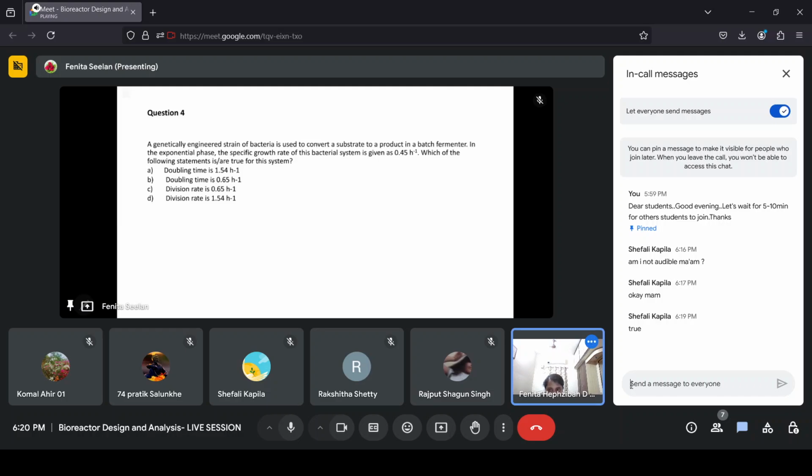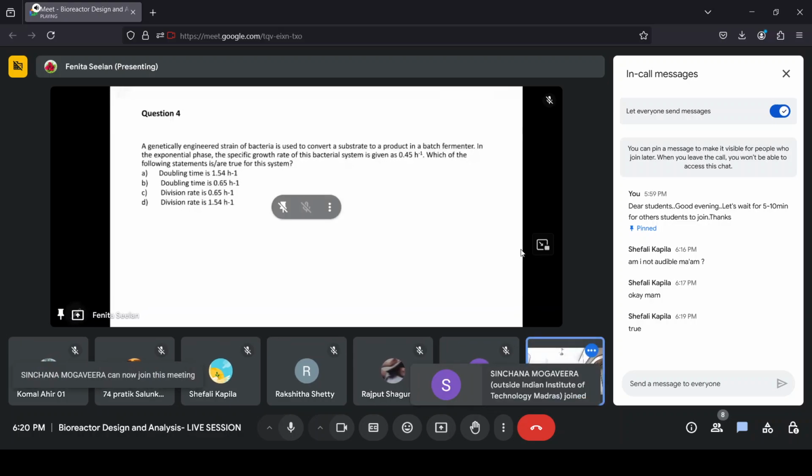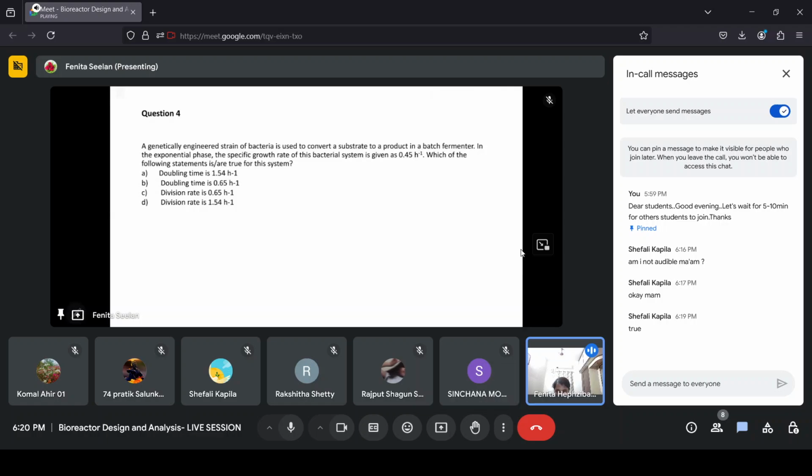Which of the following statements is true for this system? Option A is doubling time is 1.54 per hour. Option B is doubling time is 0.65 per hour. Option C is division rate is 0.65 per hour. And option D is division rate is 1.54 per hour. What do you think will be the answer?